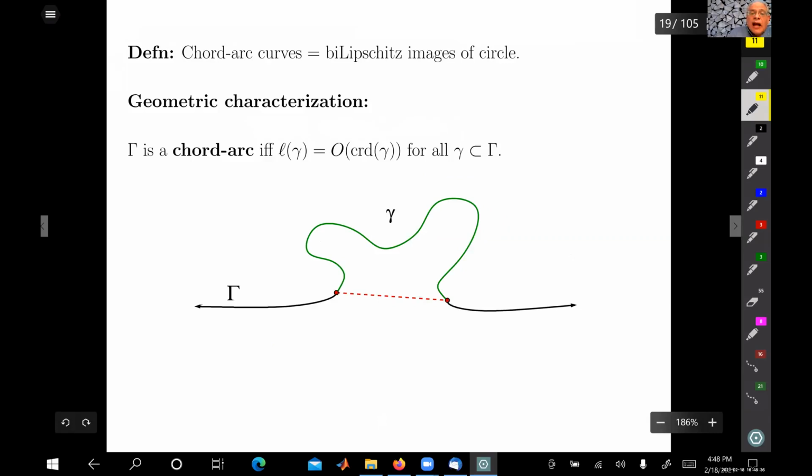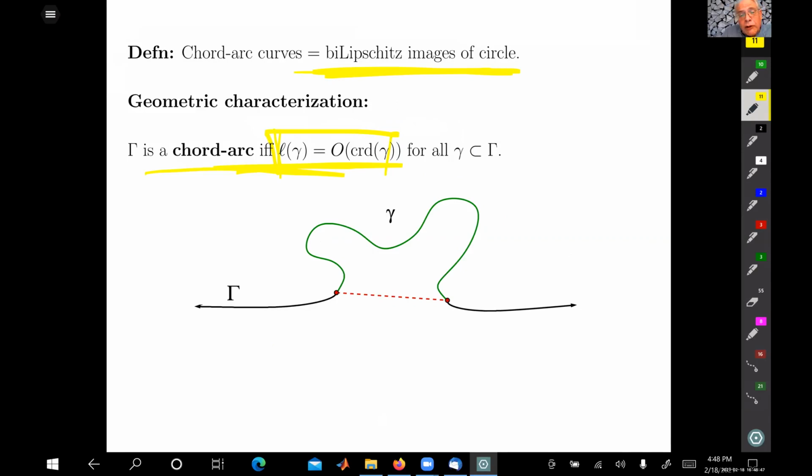And that gives the class of chord arc curves. Those are exactly the images of the biLipschitz mappings.